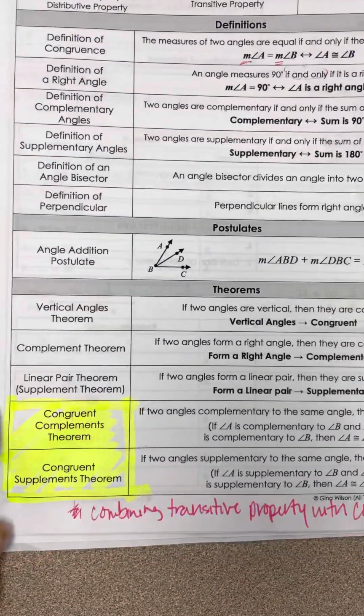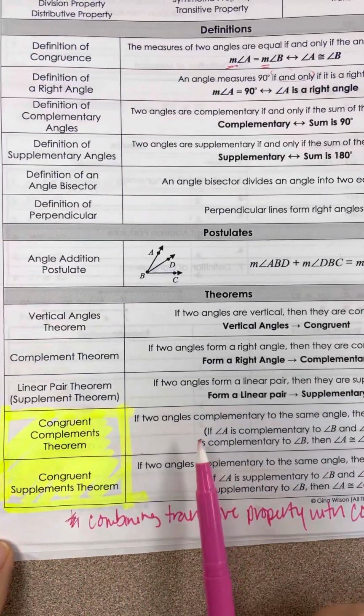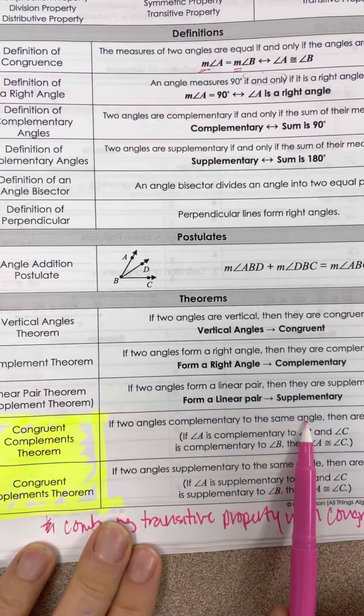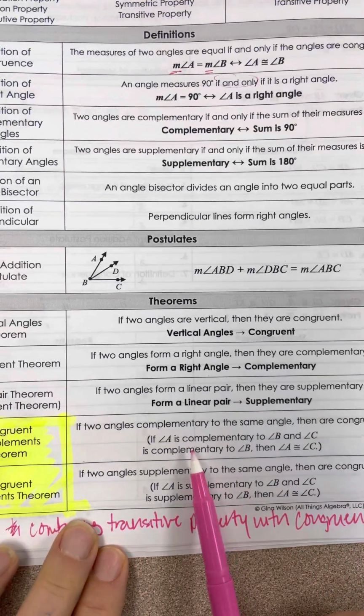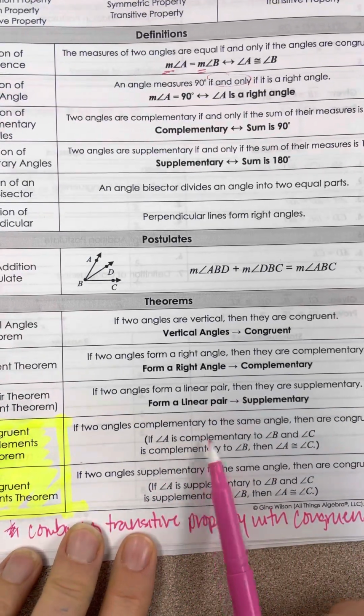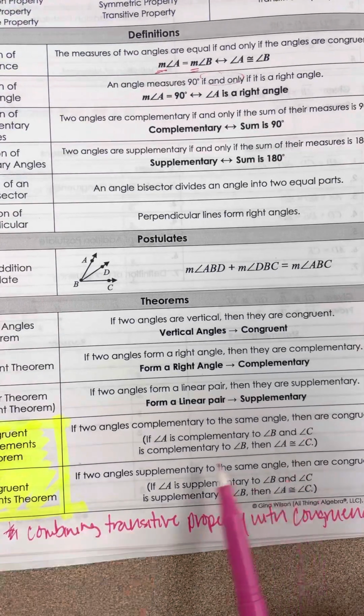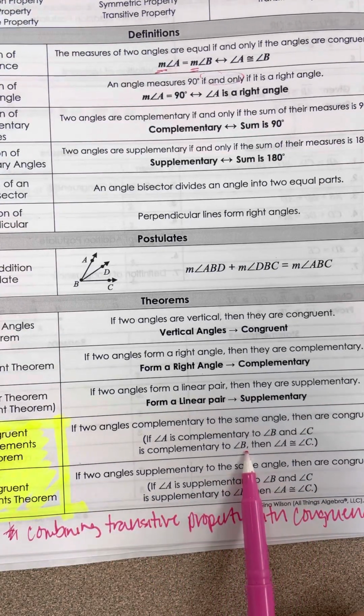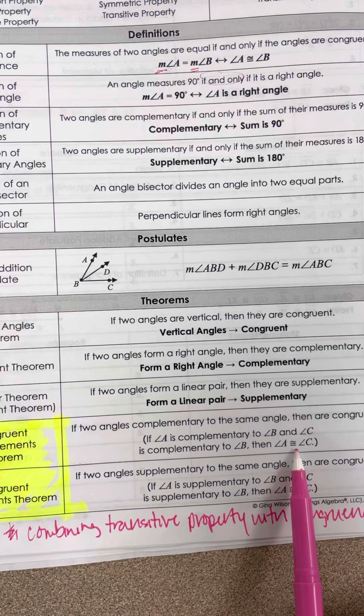So, congruent complements theorem says that if two angles are complementary to the same angle, then they're congruent. So look at this. If angle A is complementary to angle B, and angle C is complementary to angle B, then angle A is congruent to angle C. So this is really a transitive property.